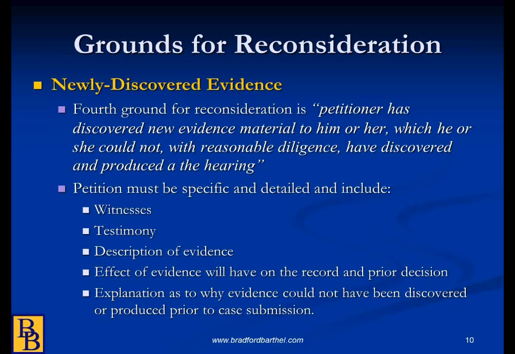If you are filing a petition on the ground that there is newly discovered evidence, then your petition must state and include the identification of new witnesses, what their potential testimony would be, a description of any documentary evidence, and probably more importantly, the effect that evidence will have on the record and the prior decision.